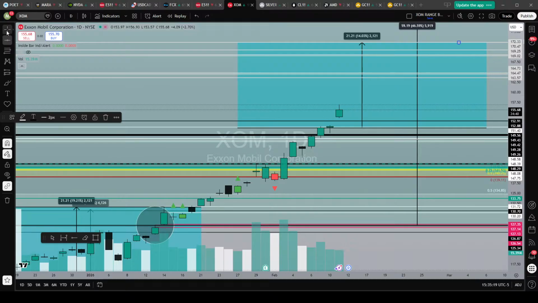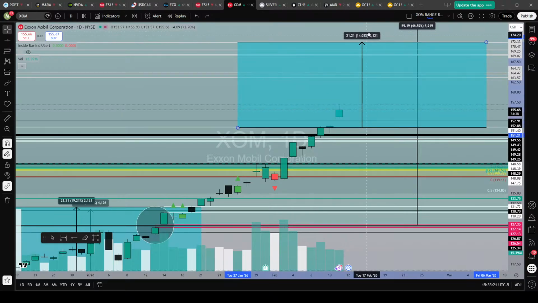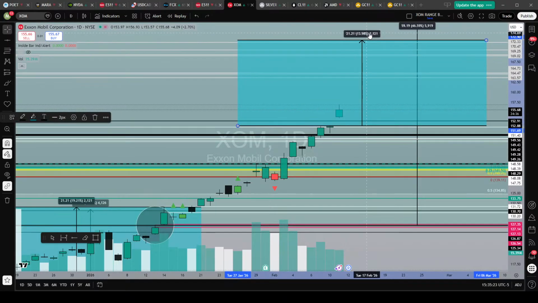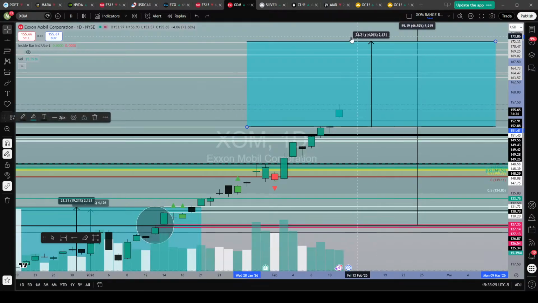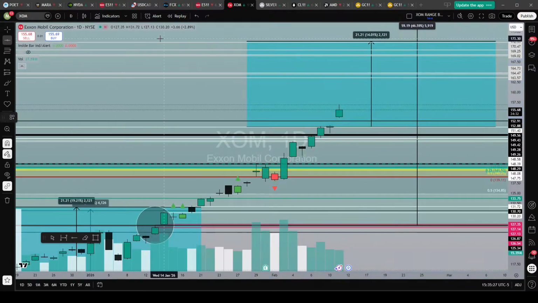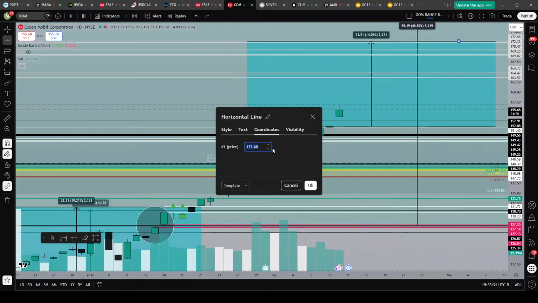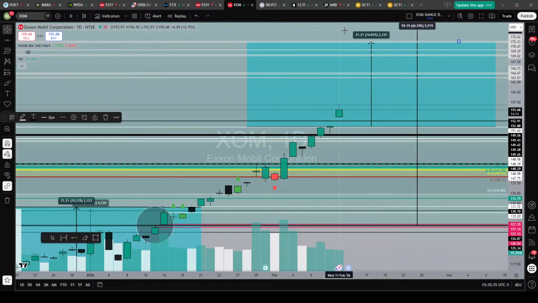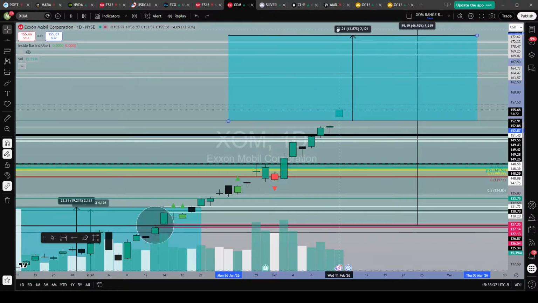I think the very final range that we looked at was, what is that, 151.40, 172.62, 62 was like right next to here.